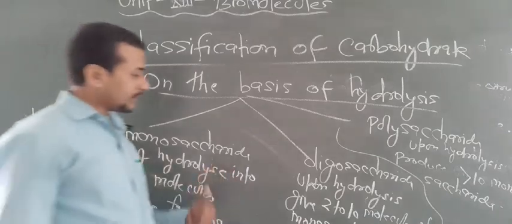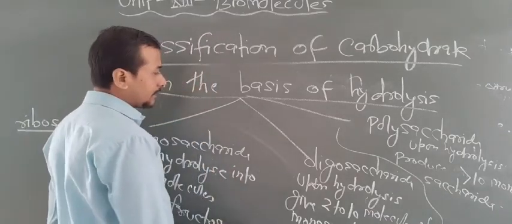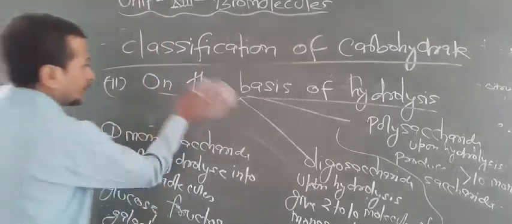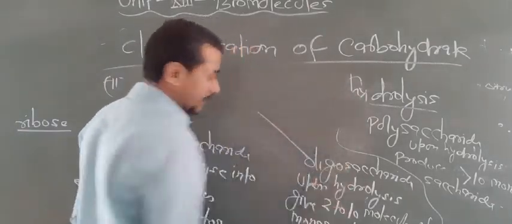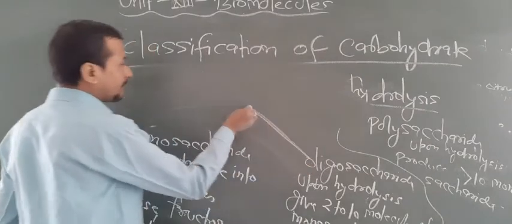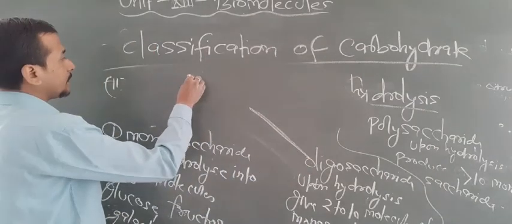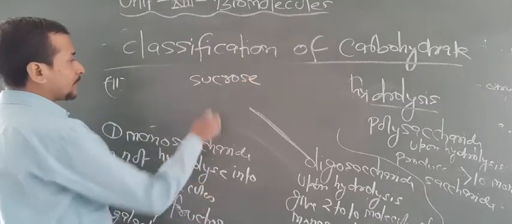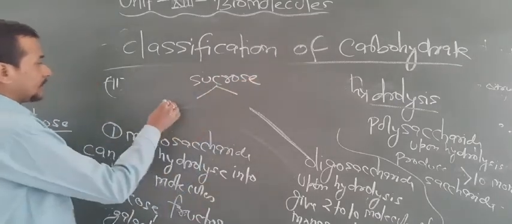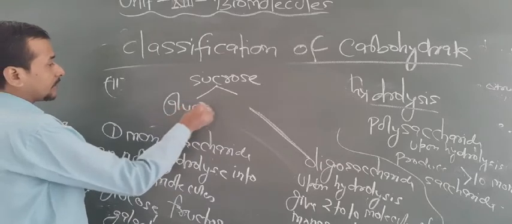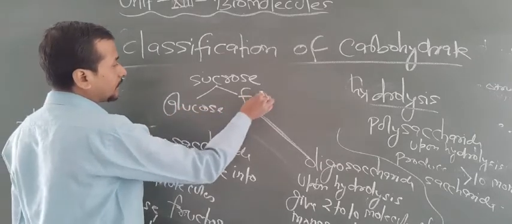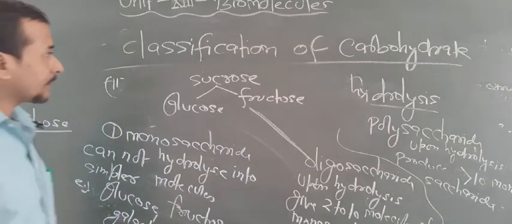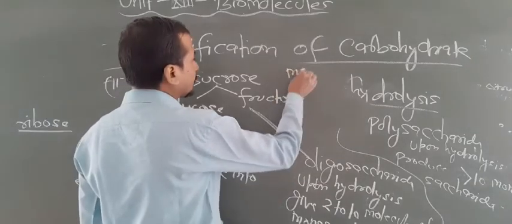Now look at the focus here, the oligosaccharides. The common example of oligosaccharide is basically sucrose. Upon hydrolysis it produces glucose and fructose, that means two different types of monosaccharides. One more example, maltose.